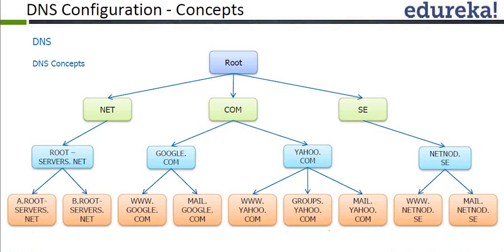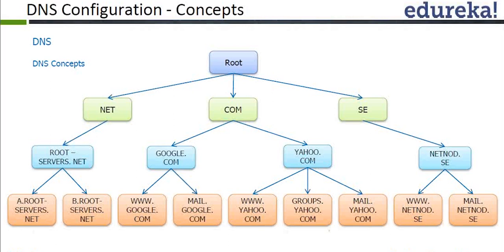Okay, and primarily, if you want to categorize the DNS servers, there are 4 different types of DNS servers present. The first one is the master DNS server, or you can also call it the authoritative server. Say you have created your own domain, www.xyz.com, and that is your web server.